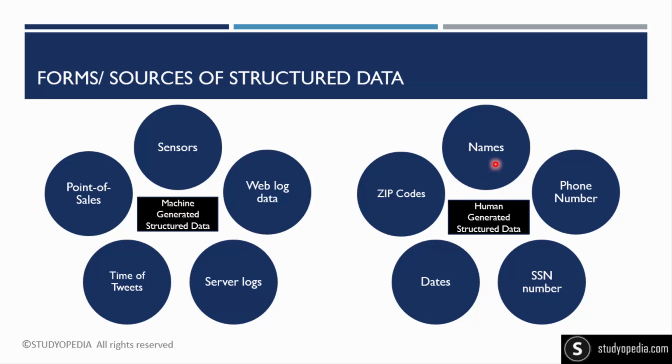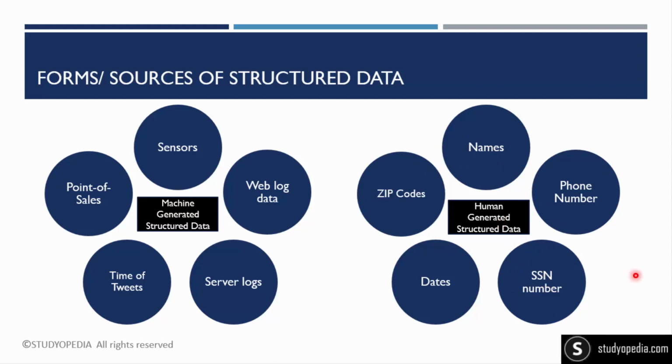Let's say student names, student phone number, student date of joining and the zip code. With that SSN number, let's say student ID, SSN number is social security number given to employees. You can consider it as a roll number for students or even employee ID for a company database. So these all come under human generated structured data.